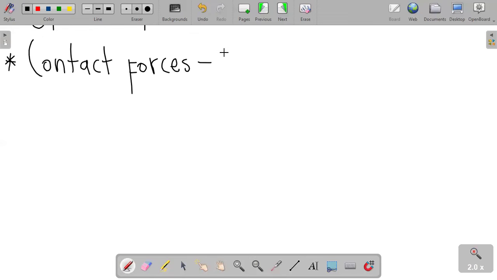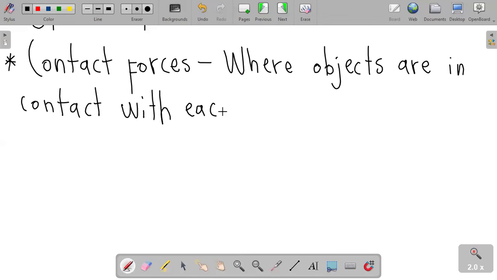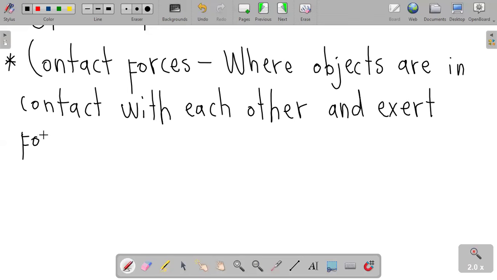So we have contact forces where objects are in contact with each other, and exert forces on each other.